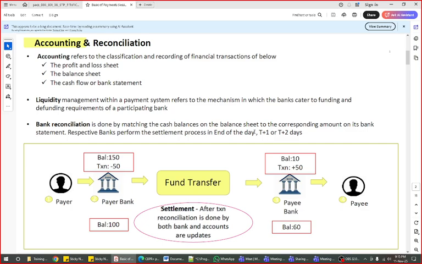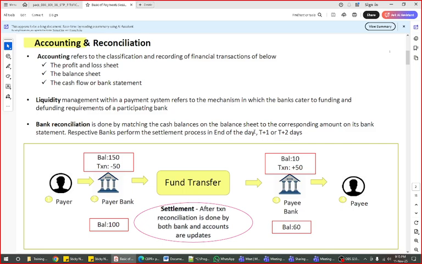Instead of reading the above text, I will directly come to the diagram below. There is a payer sitting in India, and there is a payee. Keep remembering the words payer and payee and talk in the same language everywhere, so it makes a good impression that you know these terminologies.